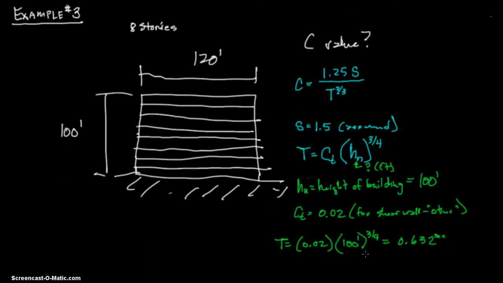Just memorize it for right now. Hopefully it says in the UBC, but T is period, and therefore it's seconds. And once again, I cannot explain why that is at this point, because just assume that it would not be in inches.